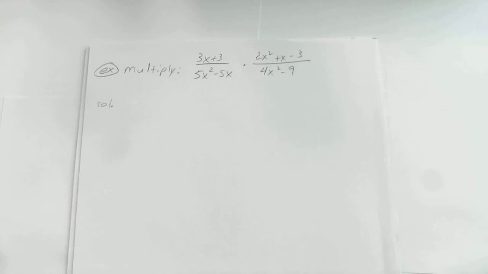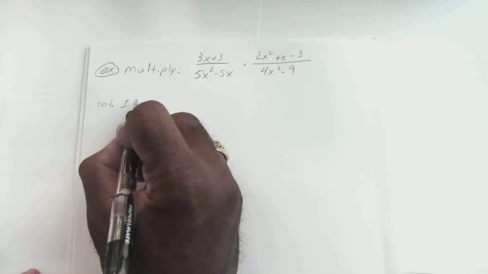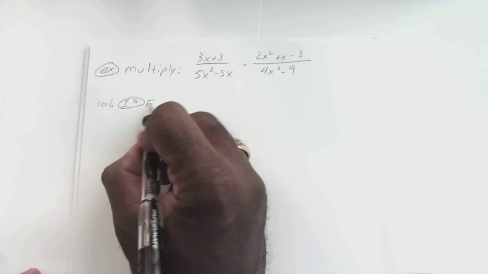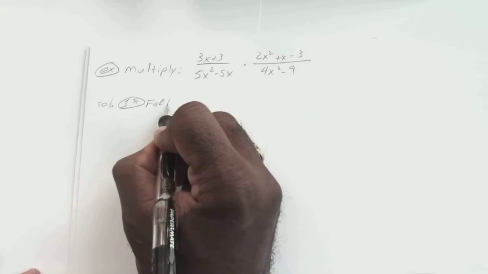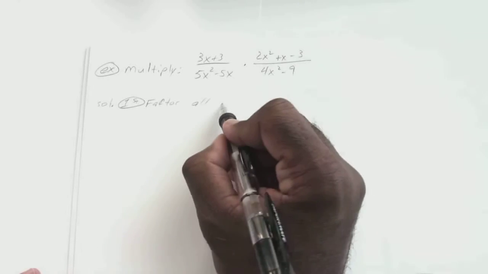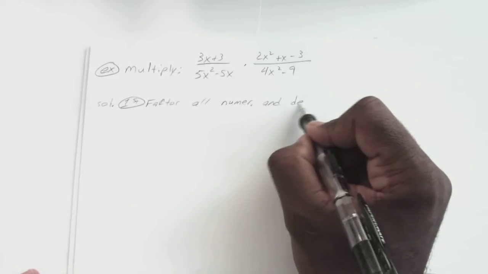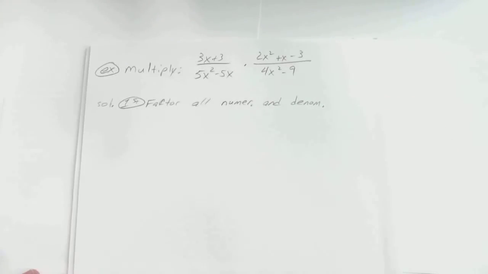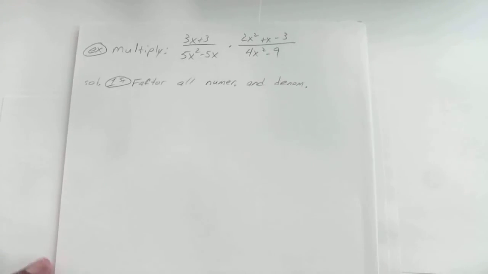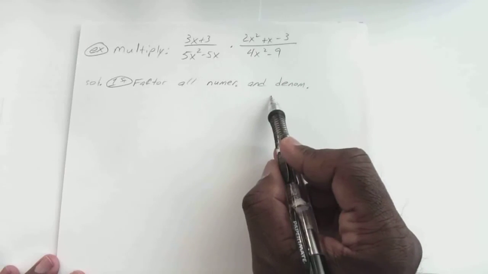Okay, so just like before, our very first step is we're going to factor all of our numerators and denominators. I'm just going to do those all on the side here.